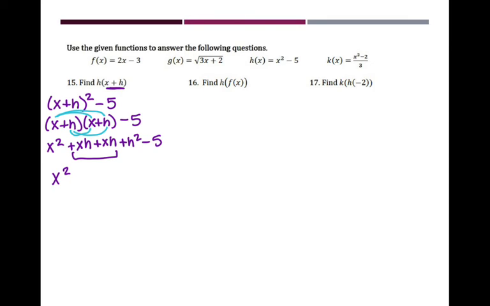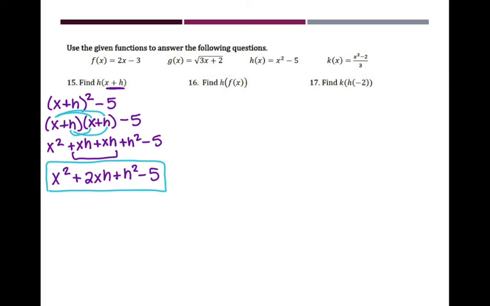So I have x squared plus xh plus another xh is 2xh plus h squared minus 5. And there's no other like terms that I can combine, so there is my final answer for number 15. So even though it does say x plus h, just work through it like you normally would if that h were a number. You're just going to have more variables in the end.